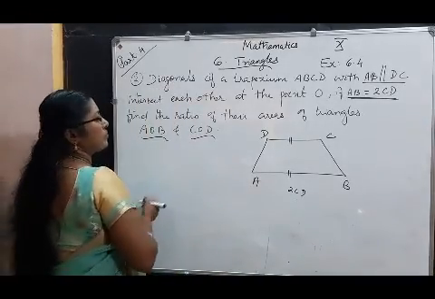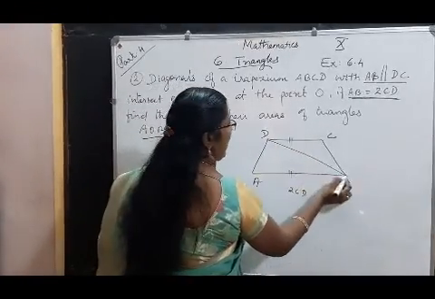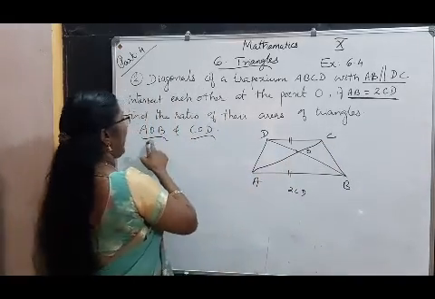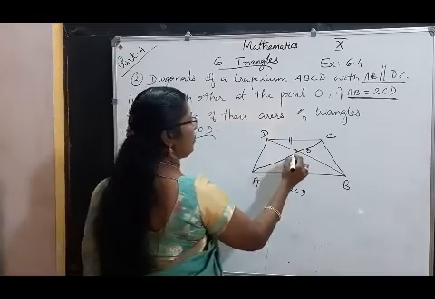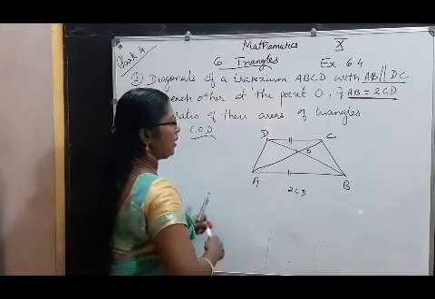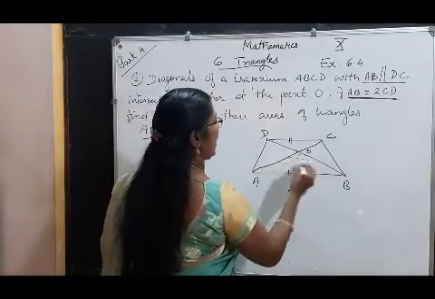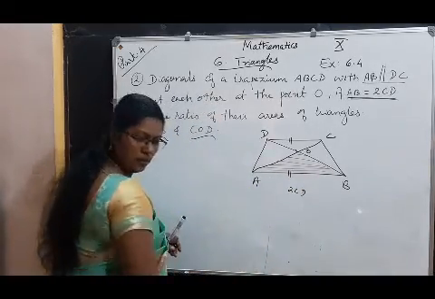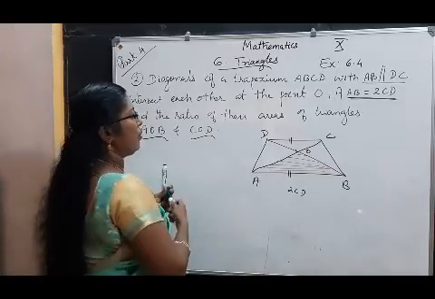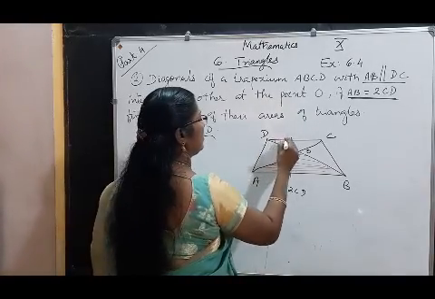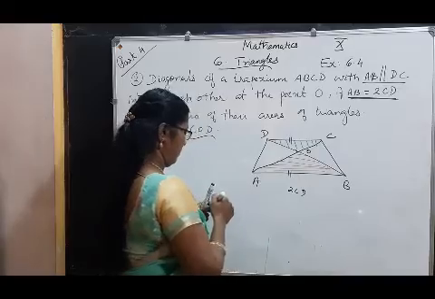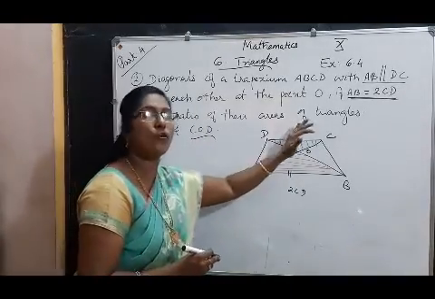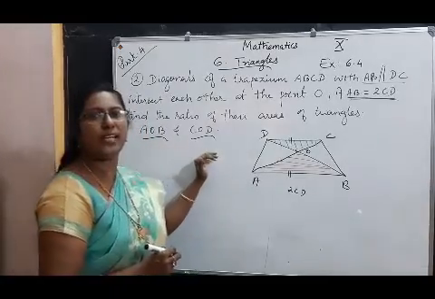Then the diagonals intersect at O. Then AOB is this triangle and COD is this triangle. We need the ratio of the areas of the triangles AOB and COD.